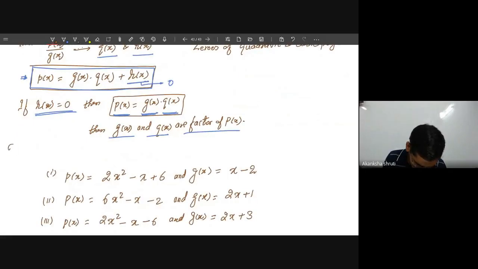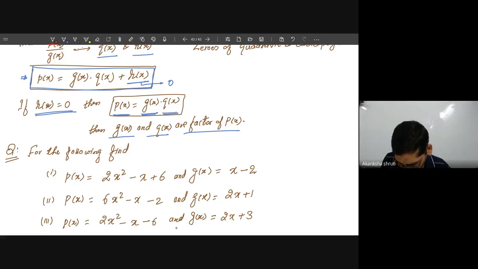So the question is like this one. For the following, find px by gx. We have to first get this px by gx, meaning division of two polynomials.